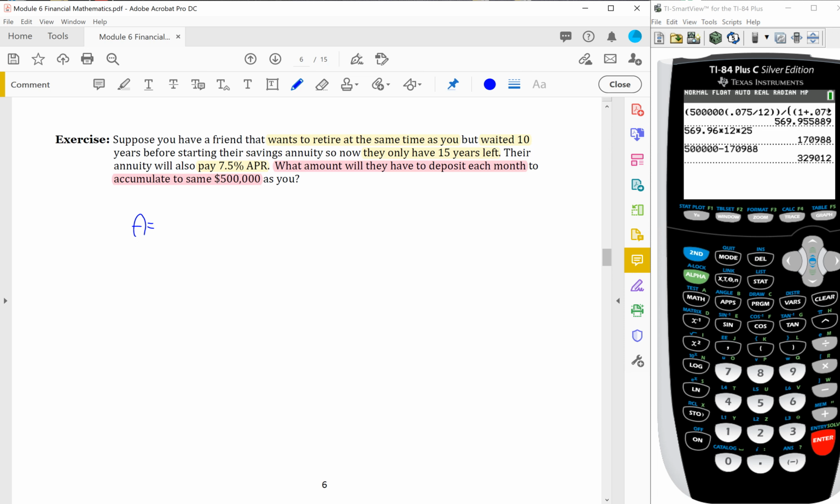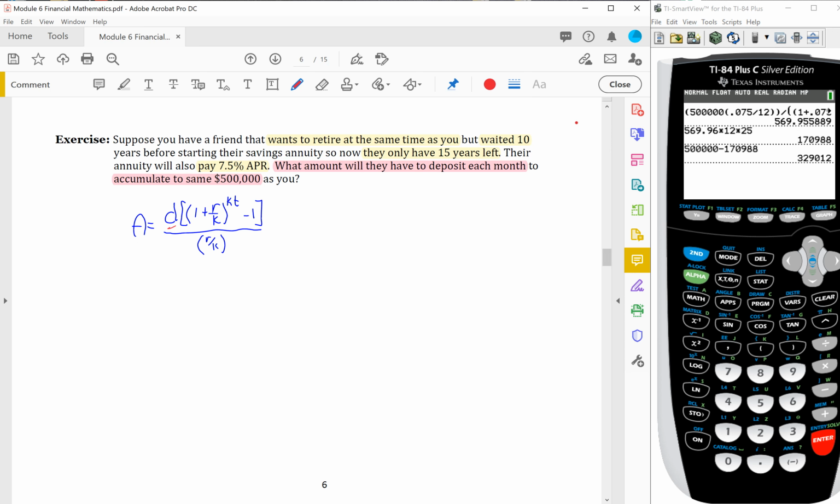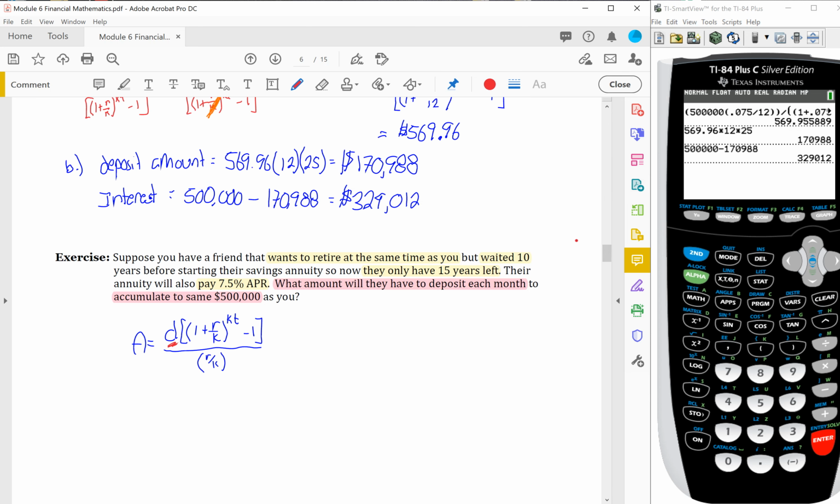A equals D, your monthly contribution amount, times parenthesis 1 plus R over K raised to the KT minus 1 divided by R over K. And again, I want to solve this formula for D. But I want to do it a little bit faster than we did last time. So to remind ourselves how we did it, let's look back.